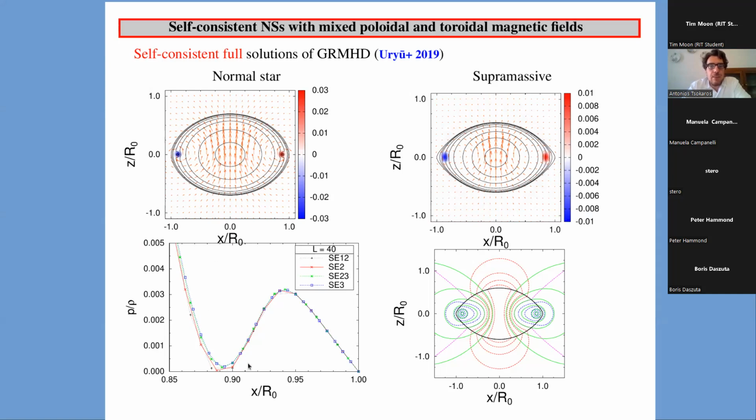Now, I zoom in here on this bottom left corner, where x over r equals 1 is the surface of the star, and you can see that inside the neutron star, because of the extreme magnetic field, the matter is expelled. The density goes to zero inside the neutron star and creates a toroidal coil, essentially, which is the strongest toroidal coil in the universe.